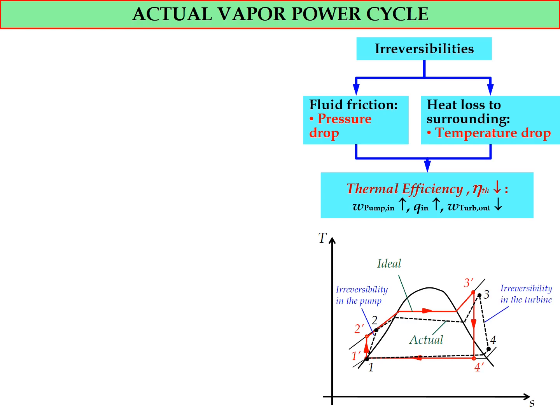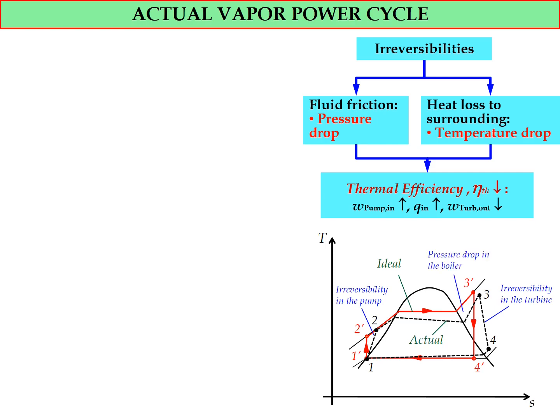Similarly for the turbine, due to the irreversibility that we discussed before, the expansion process will not be an isentropic process. So for the pump we need to supply more W in for the actual cycle, and for the turbine, the amount of W out produced will be less compared to the ideal Rankine cycle.